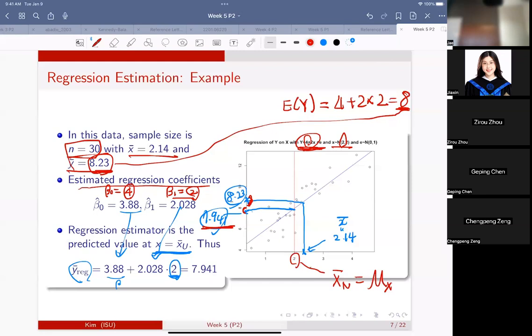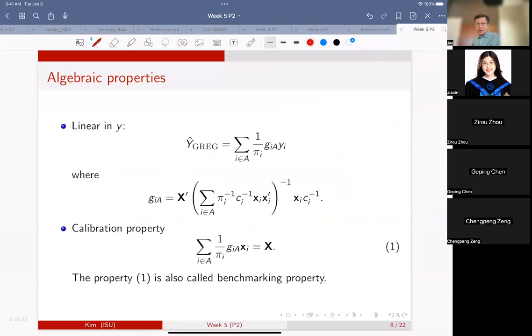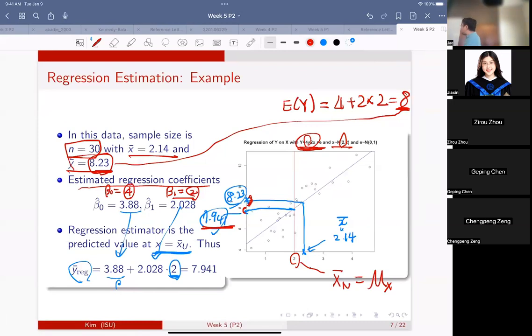But I do have sampling errors because I compute the regression coefficients from the sample. That's the price that we pay, but the sampling error at the end of the day is generally similar. I will see this more carefully using some theory, but hopefully this example can help you understand what's going on with the regression estimation.